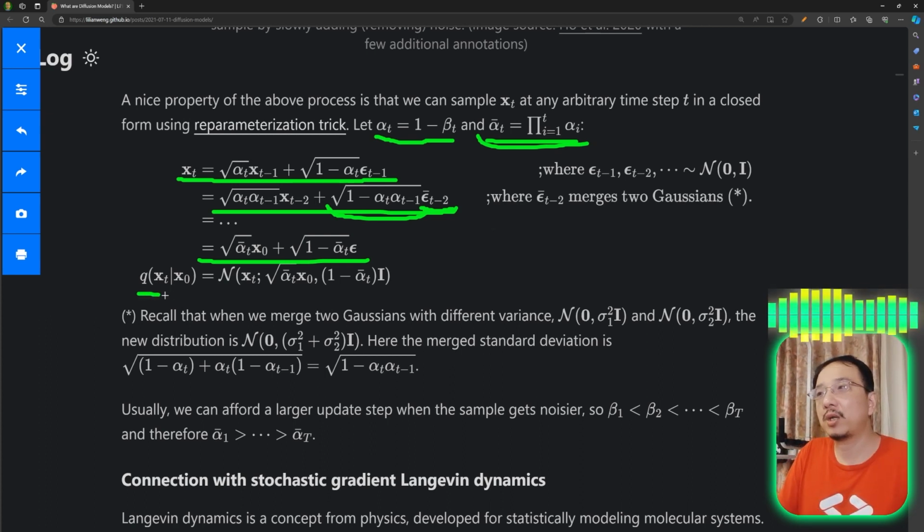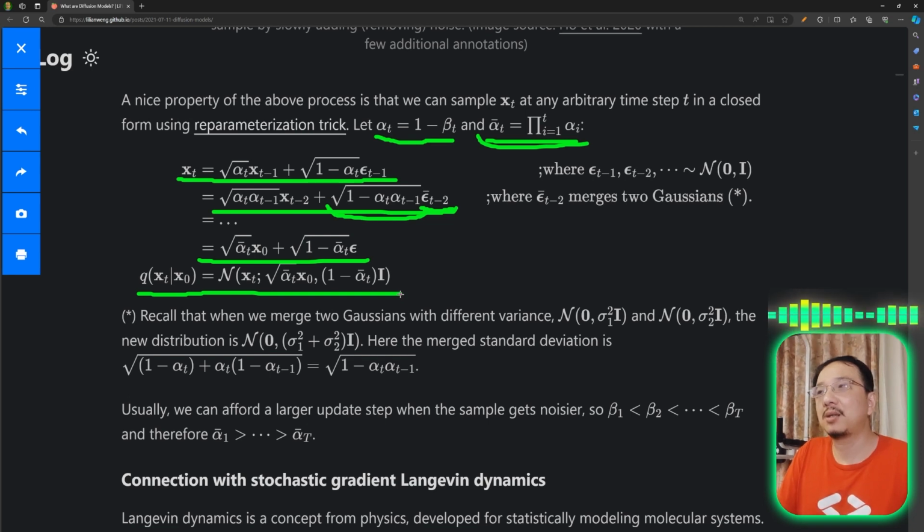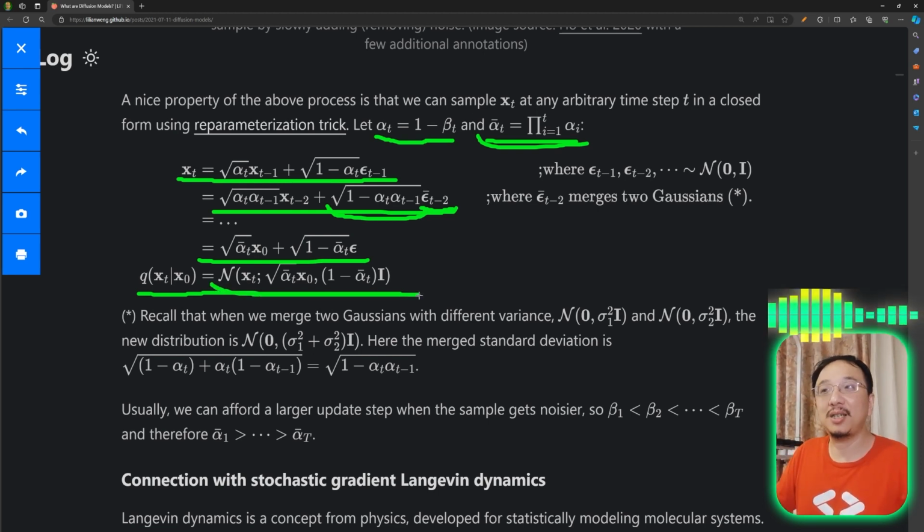So it turns out we can use this formula to calculate the conditional distribution of xt conditioned on x0 instead of conditioned on xt minus 1. And it is not surprising that it is still a normal distribution, because we know that the sum of 2, 3, or many independent Gaussian variables is still Gaussian.